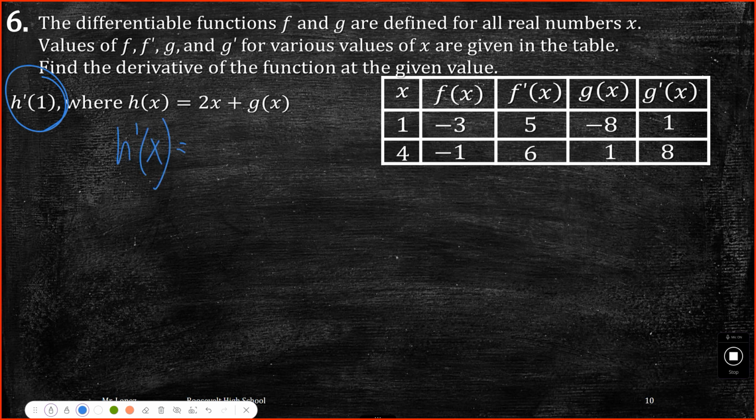H prime of x. What is it? Plus. This is not even that hard. It doesn't even have a product rule. So H prime at 1 is 2 plus g prime at 1.